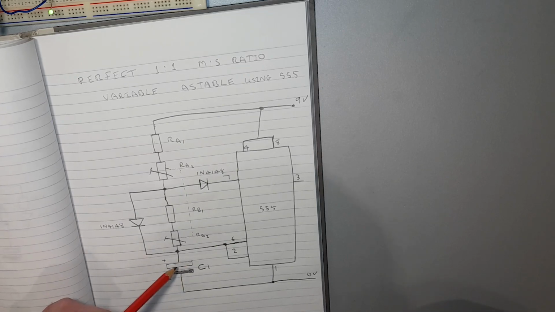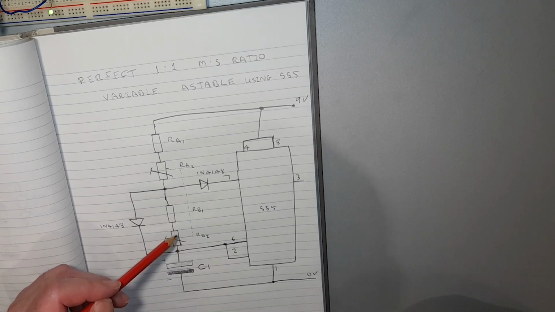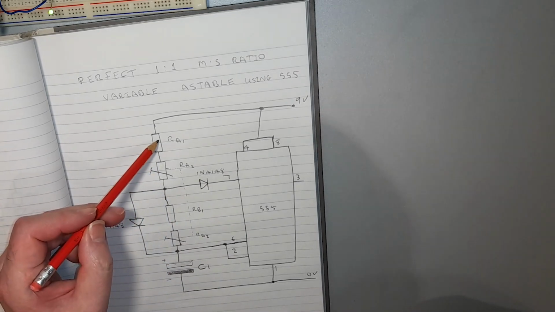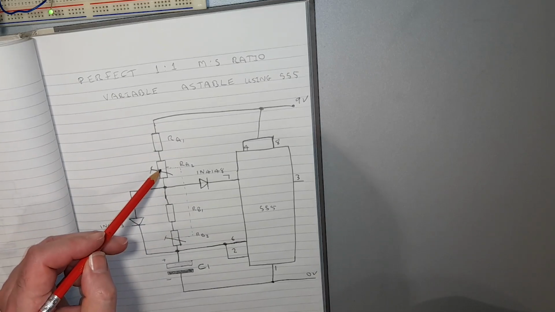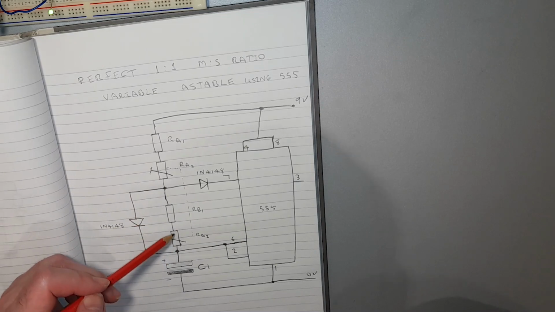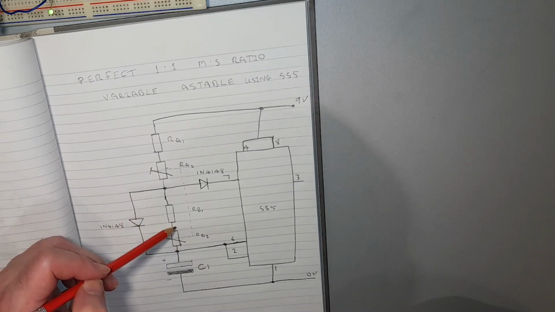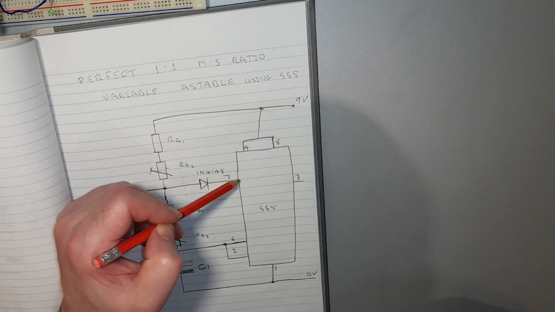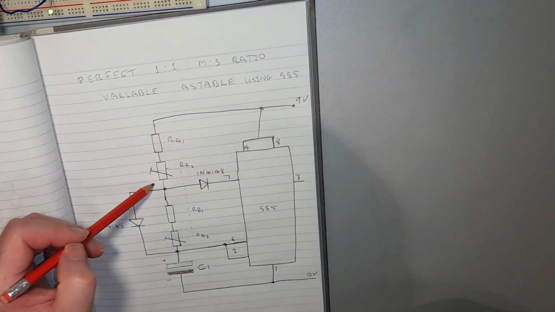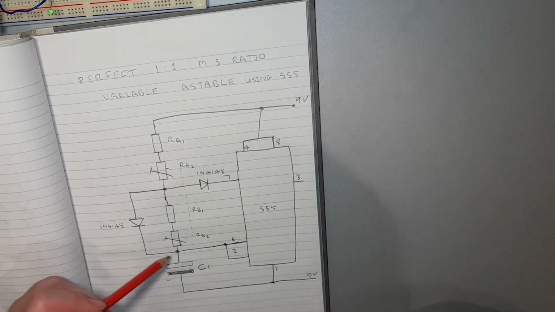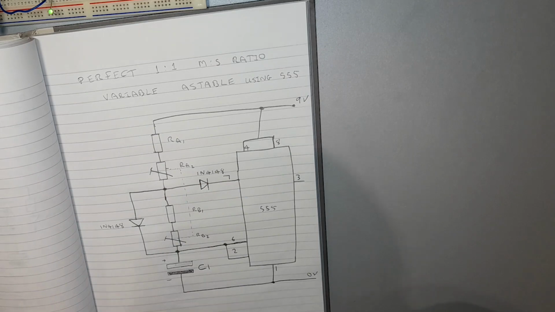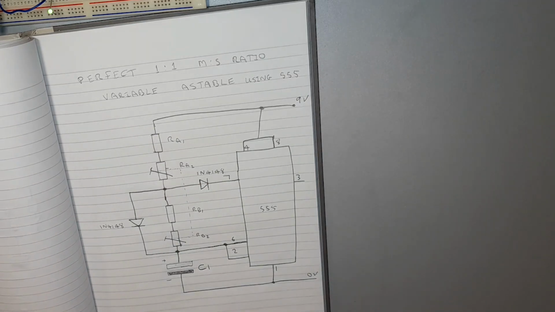And when this capacitor is charged and it trips the threshold, it discharges through RB1, which is the same value as RA1, and RB2, which is ganged with RA2, and it discharges through that resistor network there and then through this diode here. And because these two values are the same as these two values over here, the capacitor charges this way and then it discharges this way. And that will give you a perfect 1-to-1 mark to space ratio.